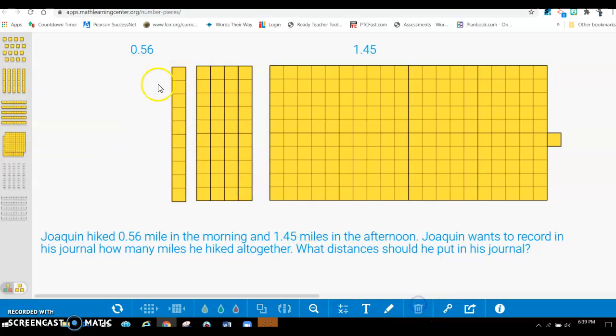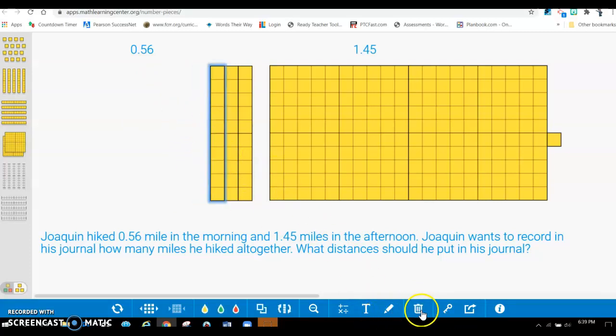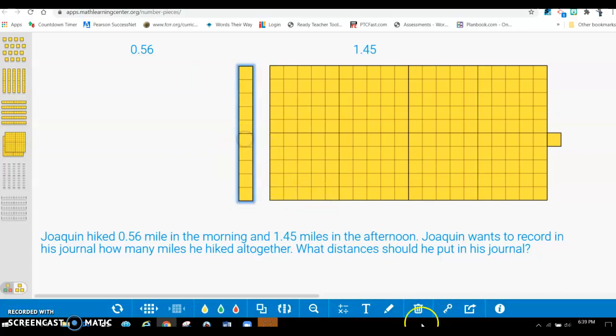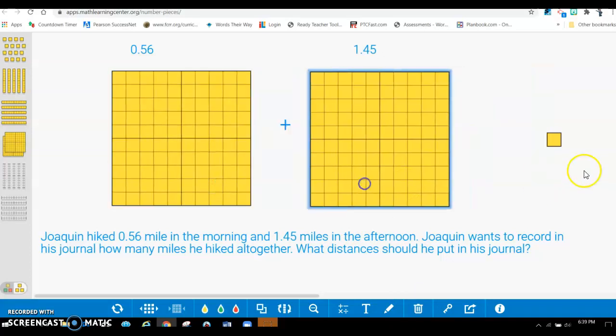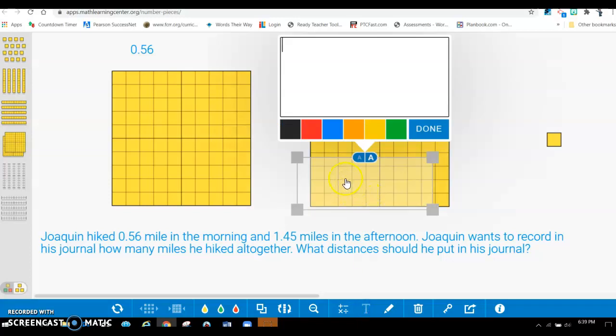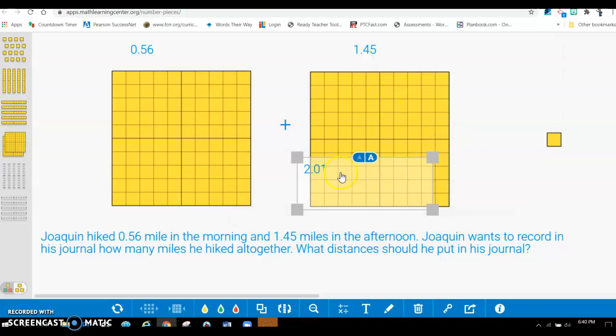We have 2 flats, so that means we have 2 wholes and 1 unit. So our answer is 2 and 1/100th. Jaquan hiked 2 and 1/100ths of a mile.